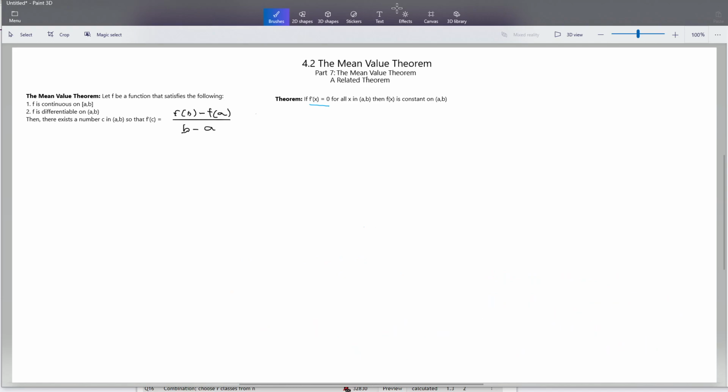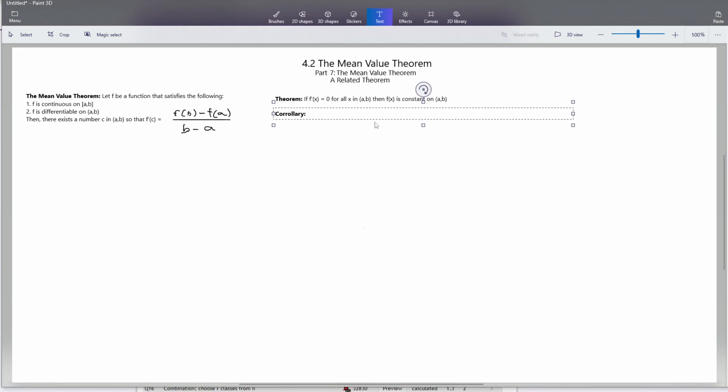Okay, and then we'll prove it using the theorem that we just looked at. Okay, so what is the result that follows immediately from this theorem?